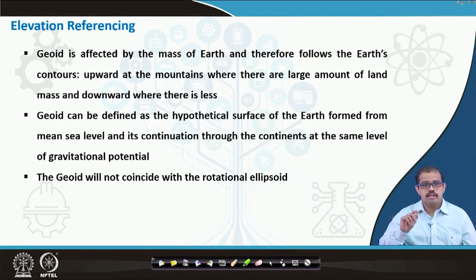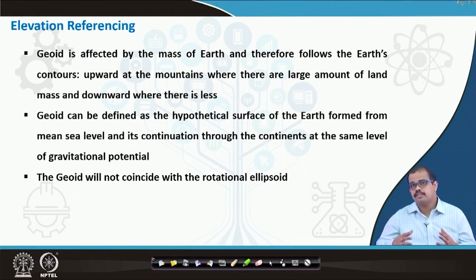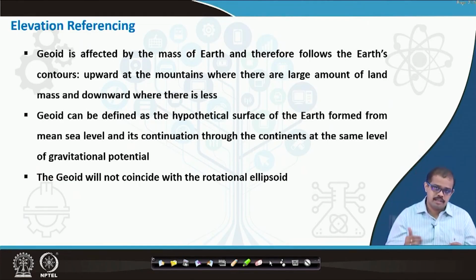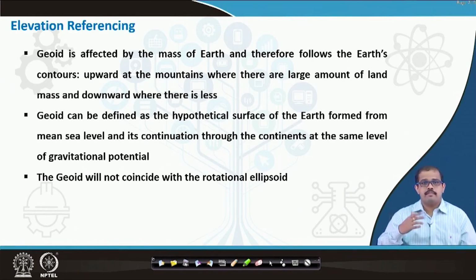The geoid is affected by the mass of earth. There are a lot of variations that you can see: the geoid that you are measuring at one place compared to the geoid that you are measuring at another place, or the zero mean sea level that you are measuring in one place and the zero mean sea level that you are measuring in another place. So the geoid is affected by the mass of earth and therefore follows the earth contours.